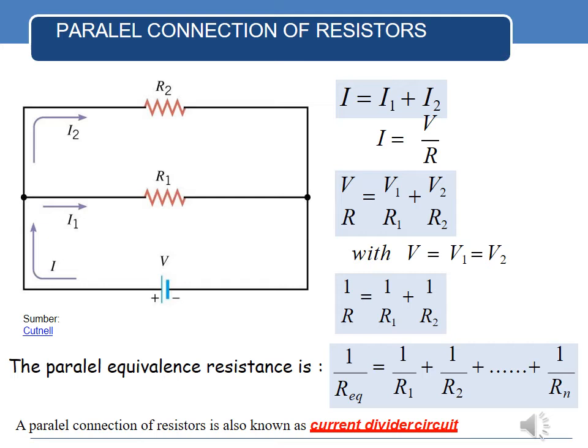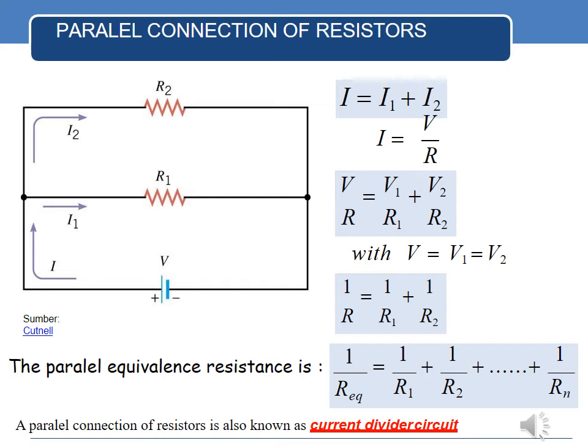But after flowing through each particular resistor, they combine together again: I2 plus I1 goes back to I. So a parallel connection of resistors is also known as a current divider circuit. So I equals I1 plus I2.